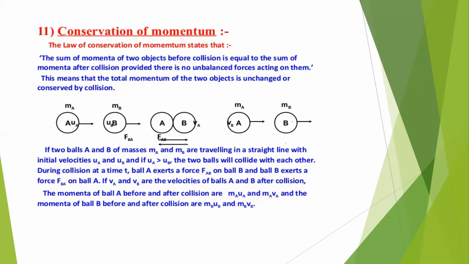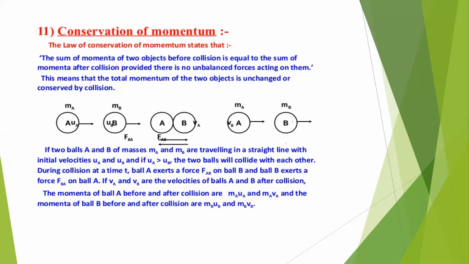Initially they were moving with initial velocities UA and UB. Now the velocities will change to VA and VB, the final velocities of the bodies after collision.